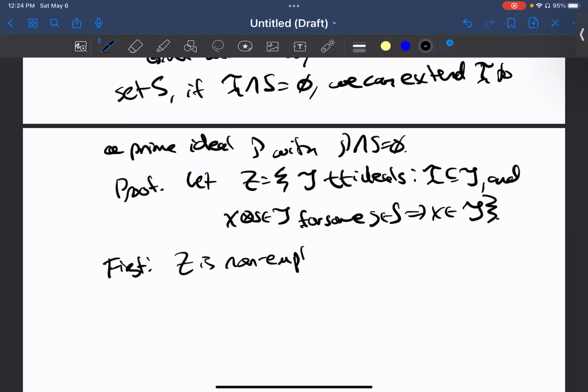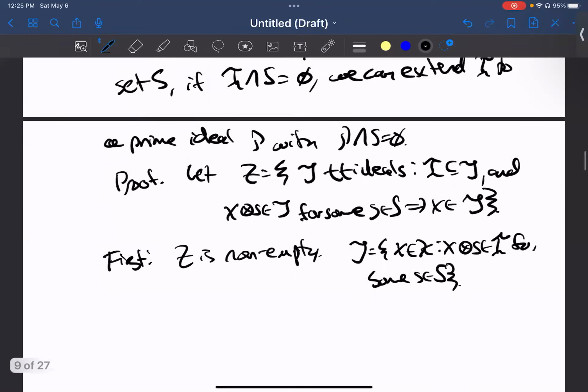That's always a good thing to have. And this is just because we can take J to be the ideal of all those X in K such that X tensor S is in I for some S.